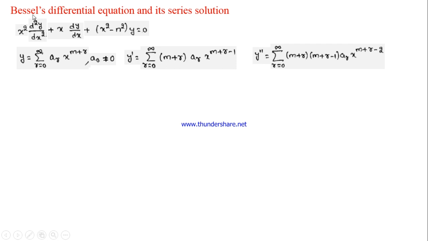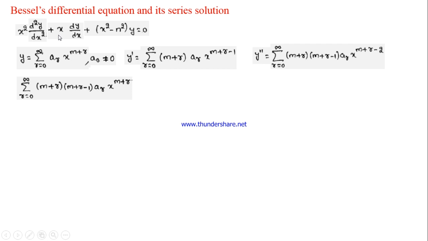Our first term is x square into d square y by dx square. So multiply x square to this and that will be our first term. That is summation m plus r minus 1 ar x power m plus r minus 2, and this plus 2 makes it just x power m plus r.